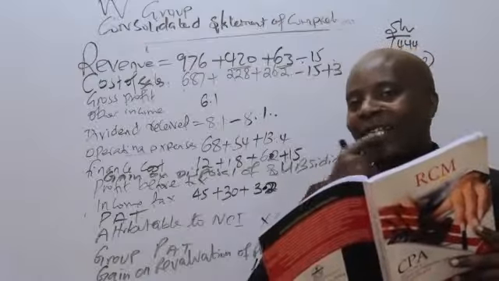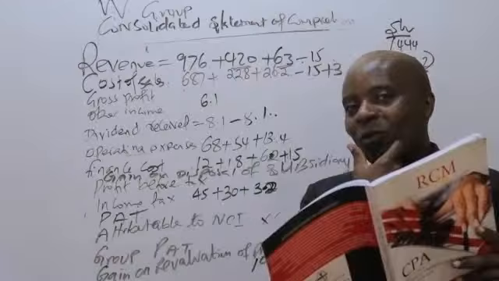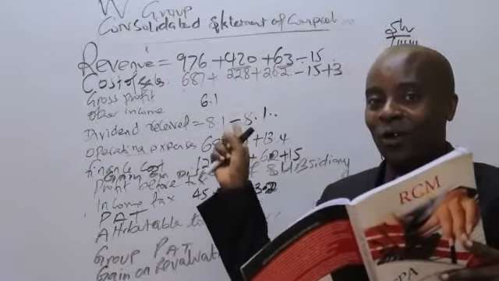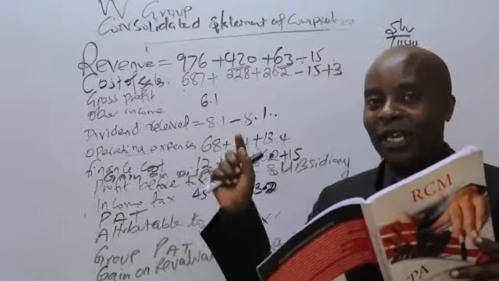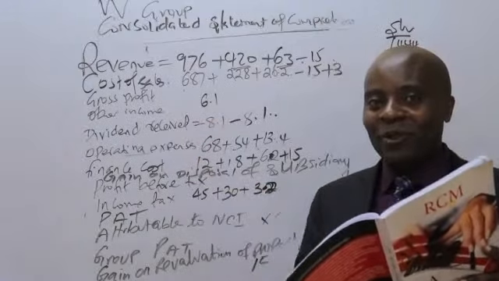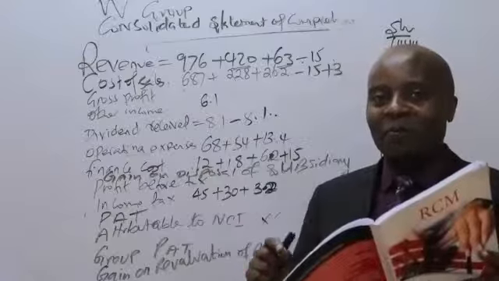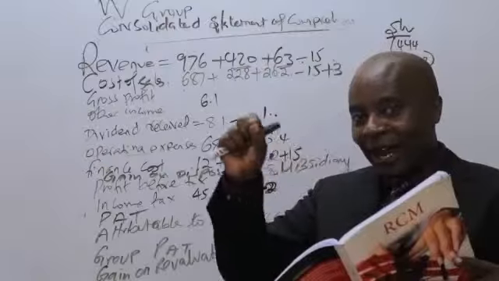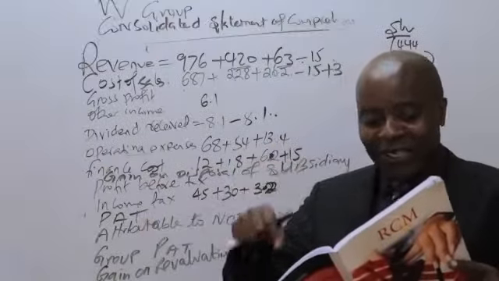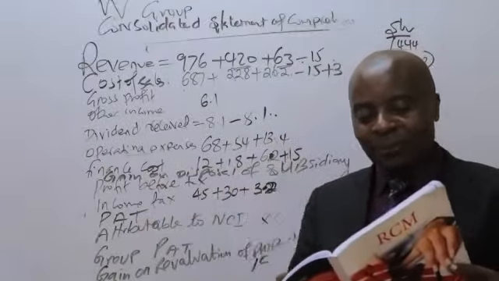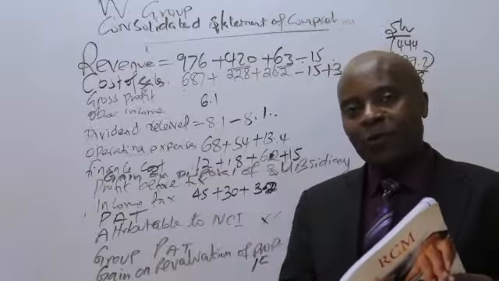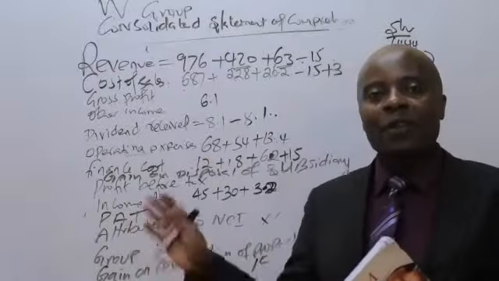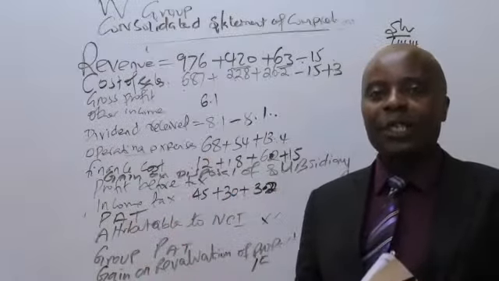The disposal of the subsidiary happened at the end of the year, so it means that the income of the subsidiary at the end of the year is ours. It's a full disposal. They sold everything that they had in that subsidiary.